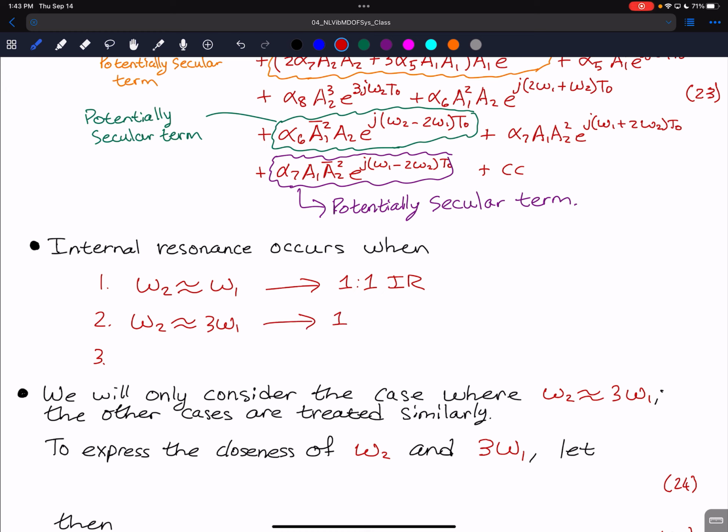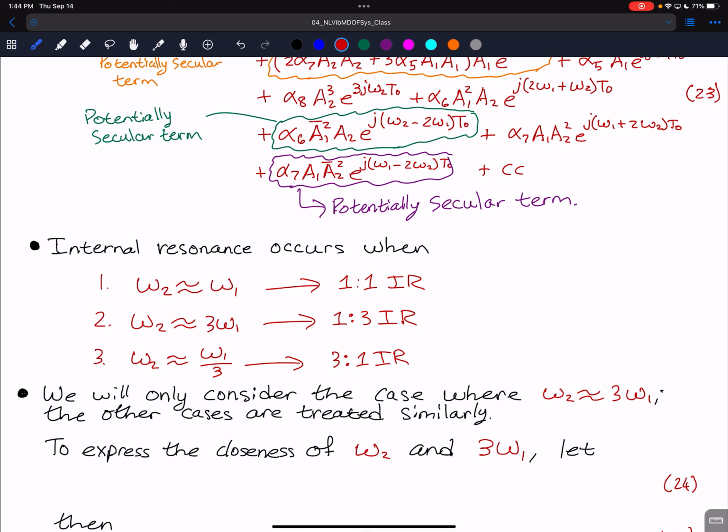Again, this is our 1-to-3 internal resonance. And then we can have that omega 2 is approximately omega 1 over 3, which we would say is that 3-to-1 internal resonance.